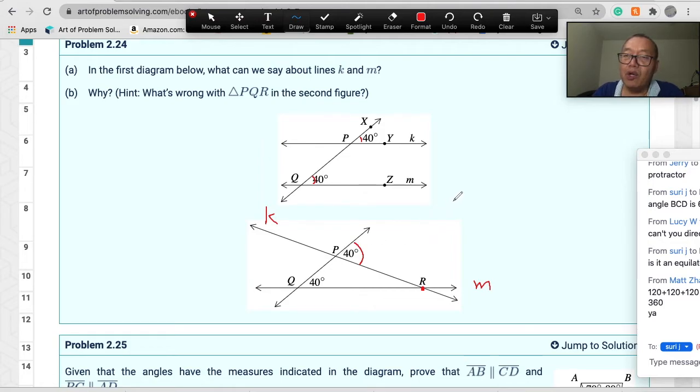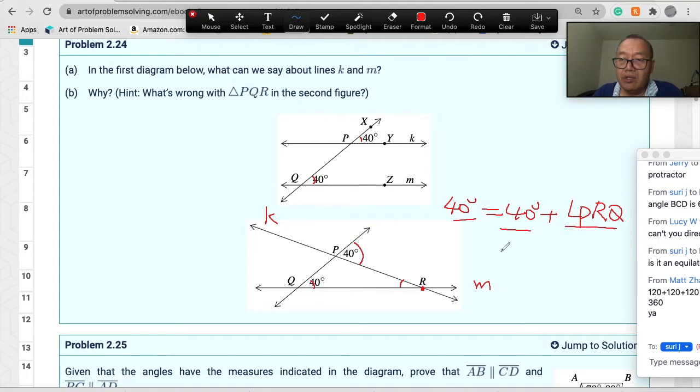We already know this angle should equal the sum of these two angles. So that means 40 degrees equals 40 degrees plus angle PRQ. This angle equals this one plus this one, so it's 40 degrees plus 40 degrees plus PRQ.